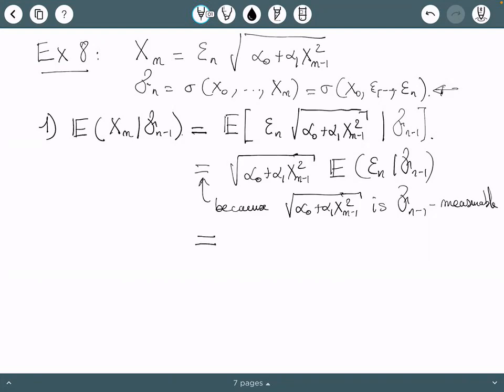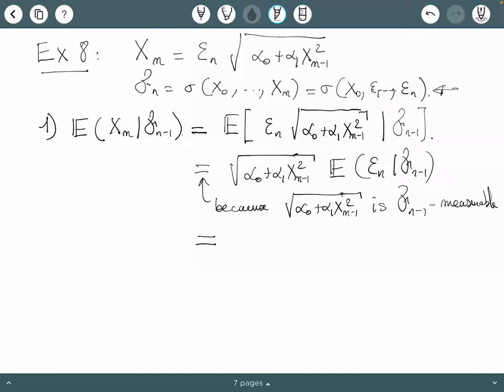And now I use that this random variable epsilon n is independent of this sigma field by definition, because this sigma field is generated by random variables until n minus 1, and epsilon 1, epsilon 2, and so on, are all independent.